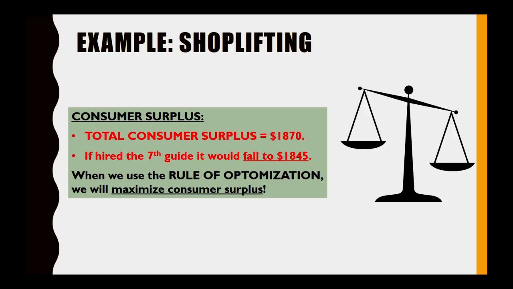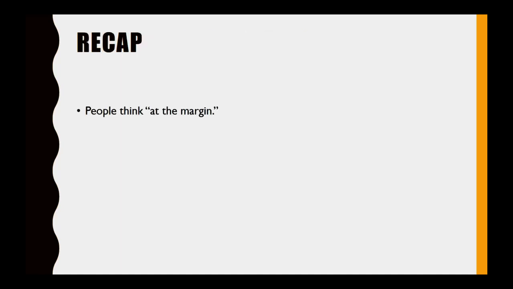All right. Any questions? So you understand the rule of optimality at this point, right? You understand how to calculate consumer surplus. You understand what we mean when we say thinking incrementally or thinking at the margin. Okay? Good. All right. So, very quickly, we're going to recap and then we're going to look at this graphically. We've already said that people think at the margin.